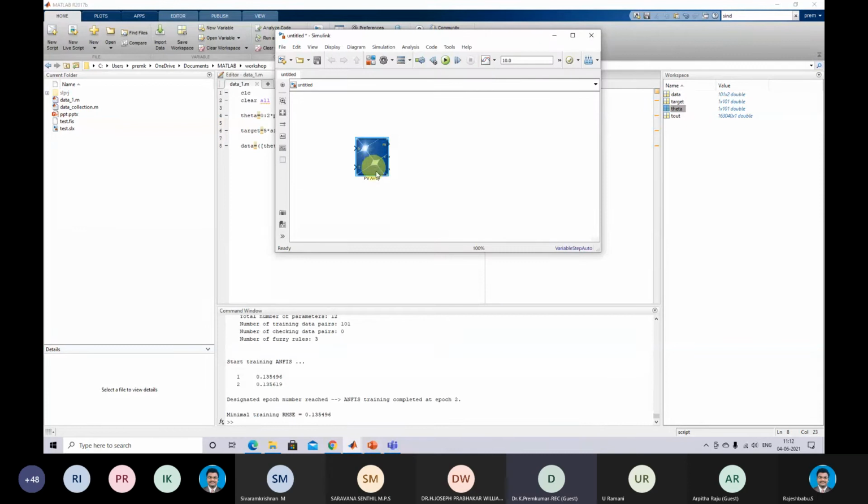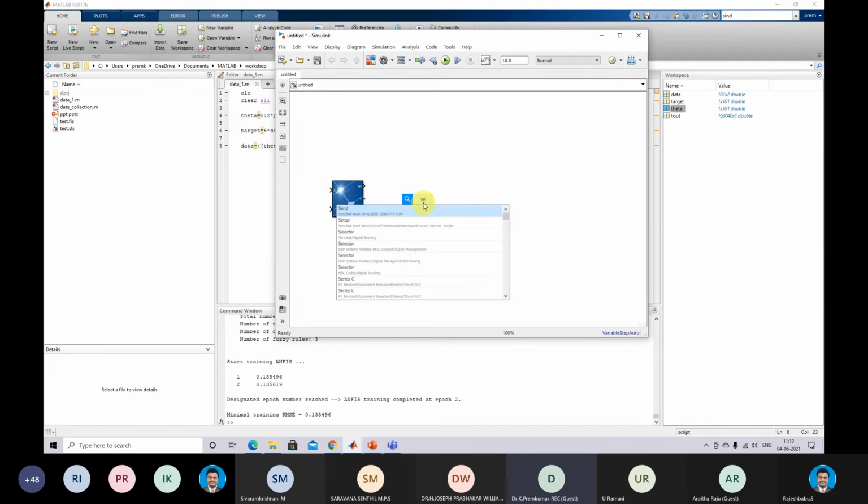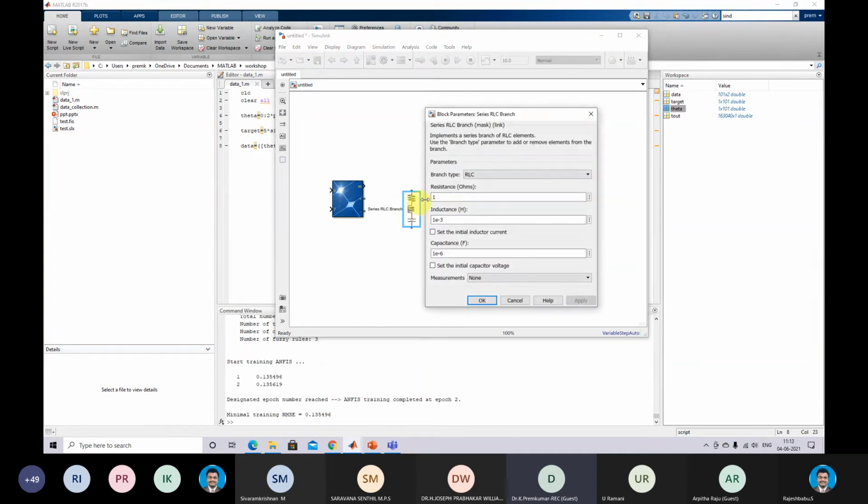So next I'm going to use a boost converter, because the input will be 30.7 and the output will be 60 volt. So in between you have to connect an inductor, capacitor and power switch. So I'm going to take a series RLC branch. At the input I'm going to place a capacitor.